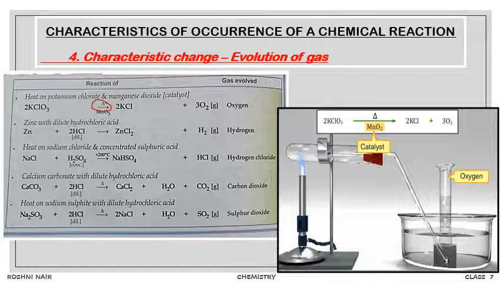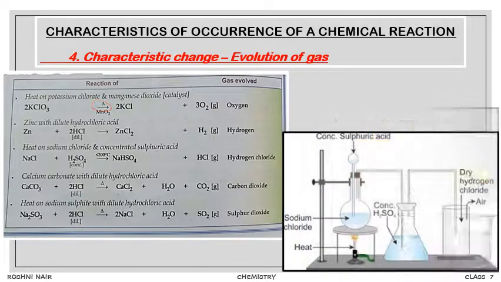So first one, potassium chloride, you can see in the picture. This is the second one, that is concentrated sulfuric acid and sodium chloride. You can see here, sodium chloride mentioned here, that is common salt. Sodium chloride is common salt.